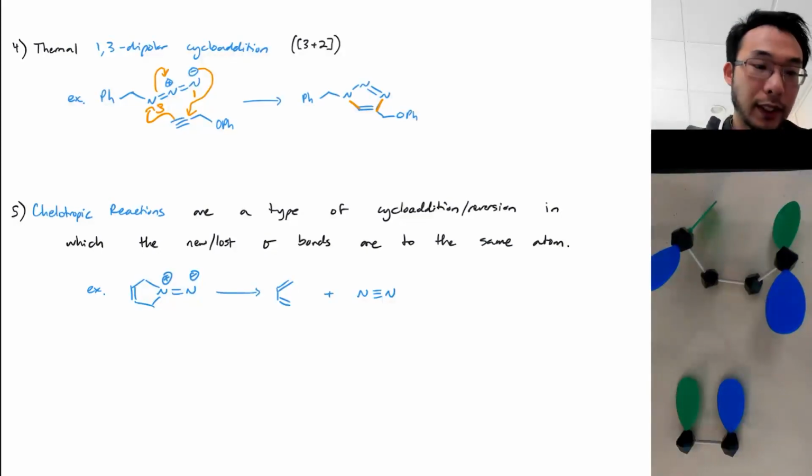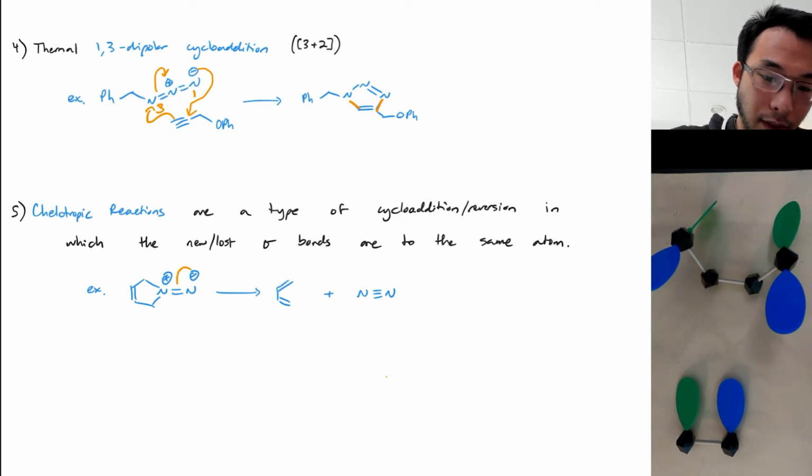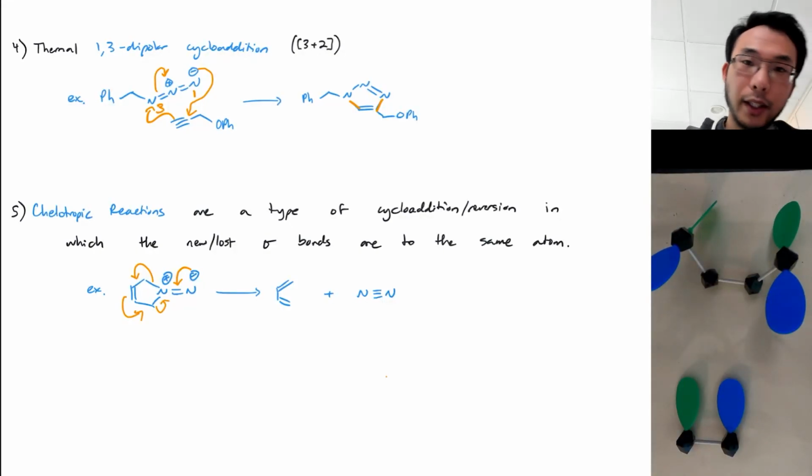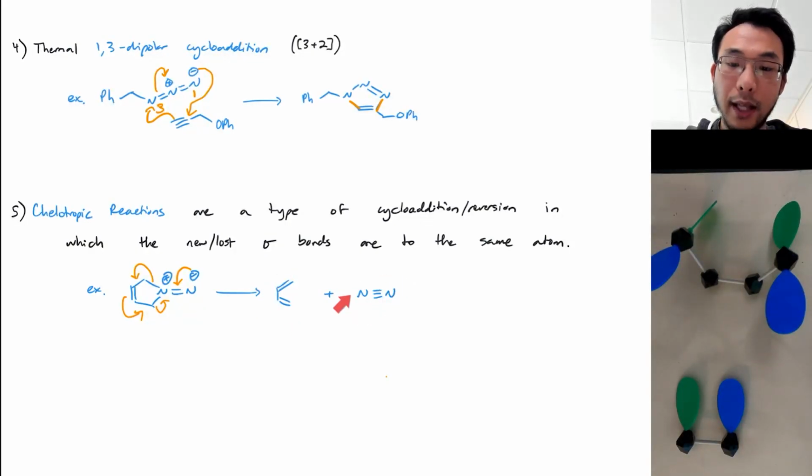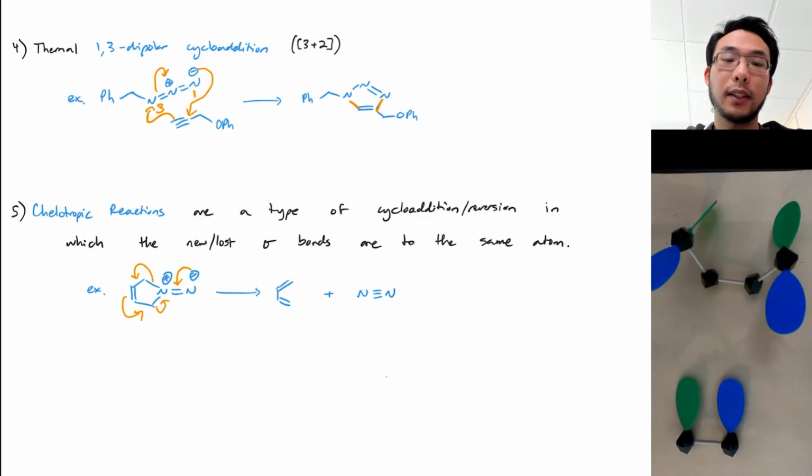So my example here is a cycloreversion, where if I go through this mechanism, we can essentially think of this coming down to make my triple bond, and then my cycloreversion process to go like so. And so overall what I'm doing is creating my pi system here and then extruding or ejecting a molecule of gas. And so chelotropic reactions tend to be observed often when we are involving the formation, or I guess the consuming, of a gas molecule.